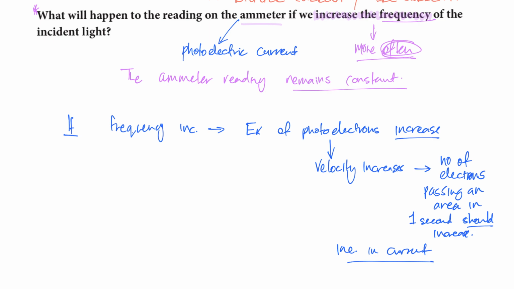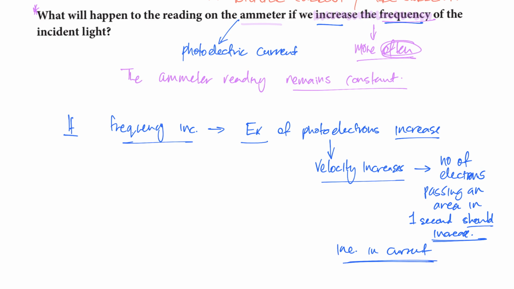So this will be your thought process: frequency increases, which means the EK increases, which means velocity increases, which means I'm getting more electrons passing a certain point, which means the current should increase.